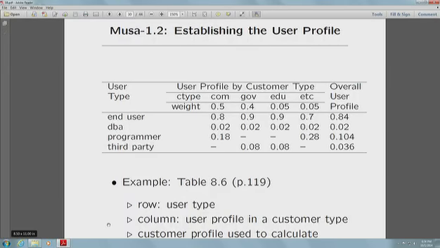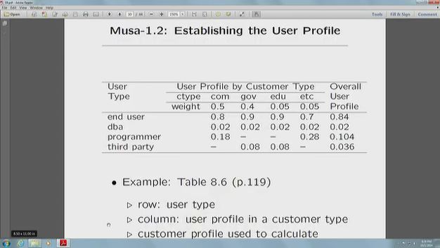You get your individual system mode profile for different users, and then you try to find the overall profile, and then you get the so-called functional profile and the operational profile. That's essentially the same thing.